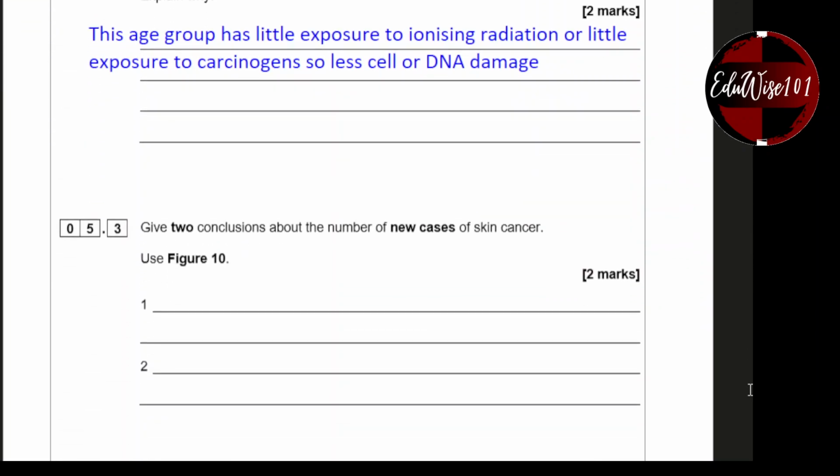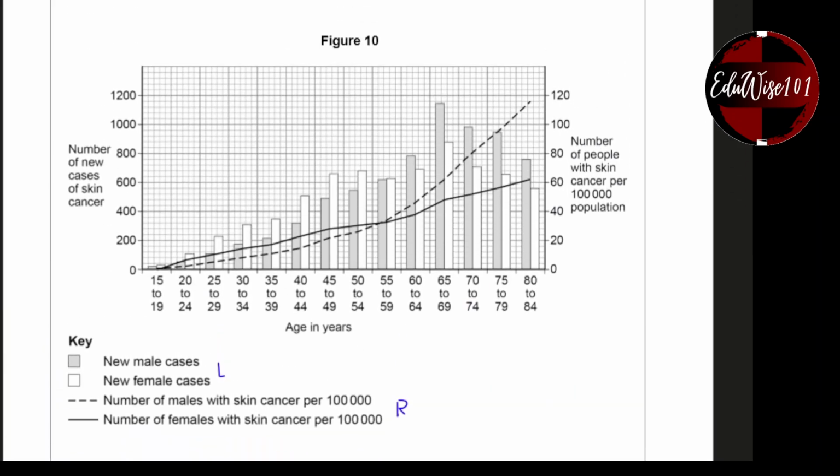Give 2 conclusions about the number of new cases of skin cancer. So number of new cases, which side are we looking at? We are looking at the scale on the left hand side. So we are looking at the bar graph. If you look at the bar graph, the shaded bar is for males. Females are always higher at this point, and then they seem to be nearly equal.